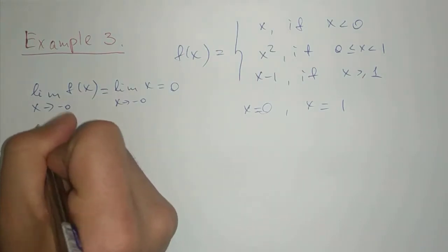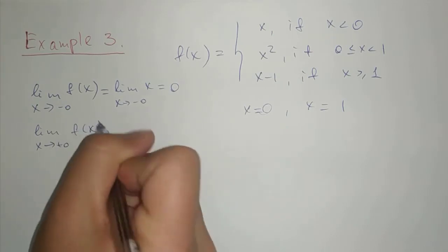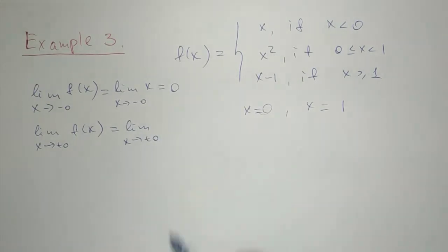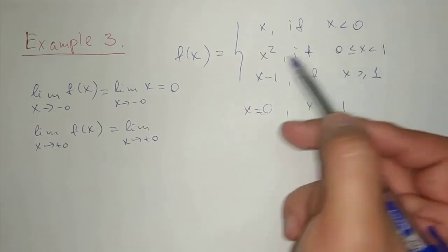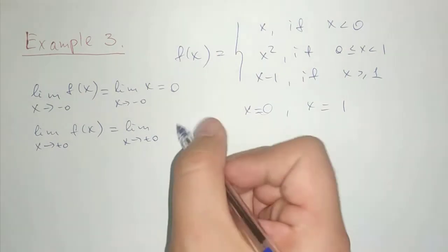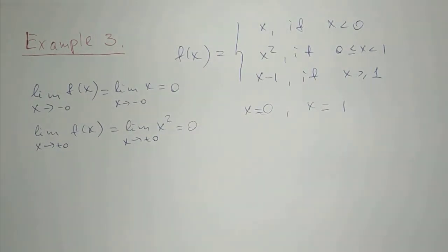And now let's calculate the right side limit of this function. On the right side we get x squared, so it's again 0. You can see that 0 is not a point of discontinuity. At the point x is 0, the function is continuous.